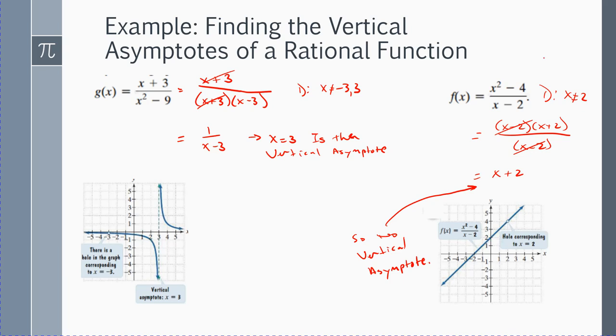When you sketch the graph, it's just a linear function x plus 2, with a hole in the graph where x is equal to 2, because you still cannot have x equal to 2. Don't worry, as we continue we're going to practice more and more with these graphs. This is just identifying the vertical asymptotes first.